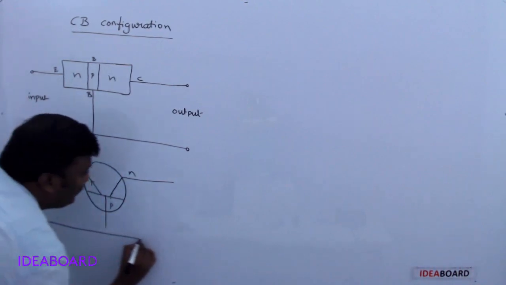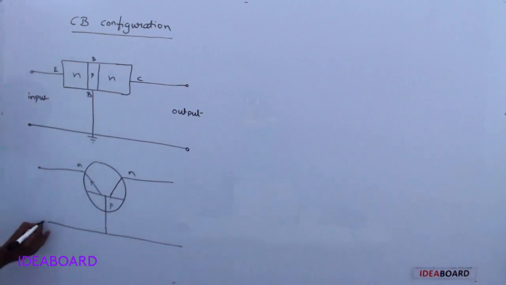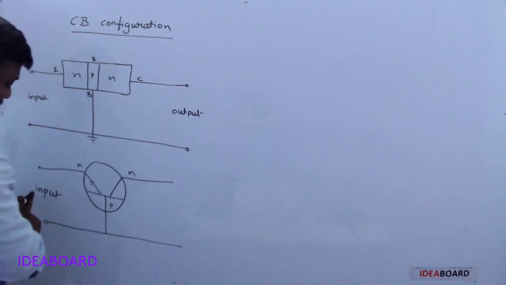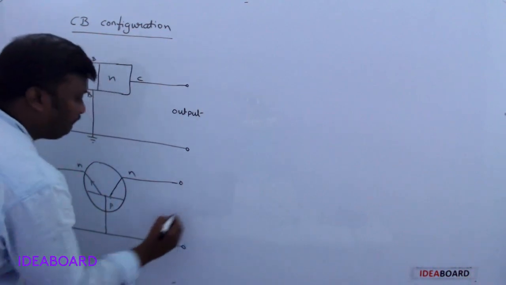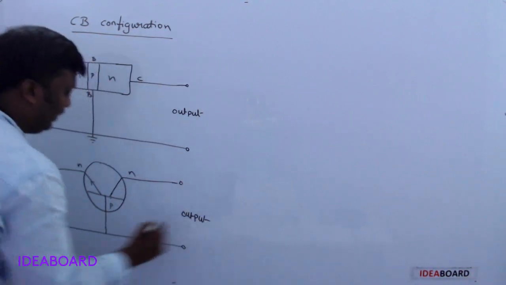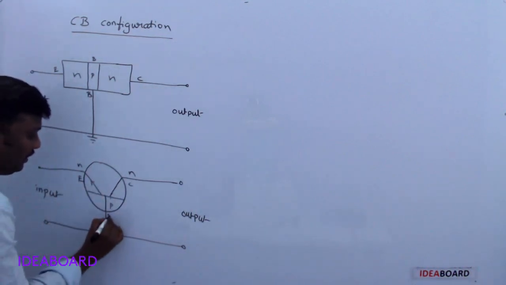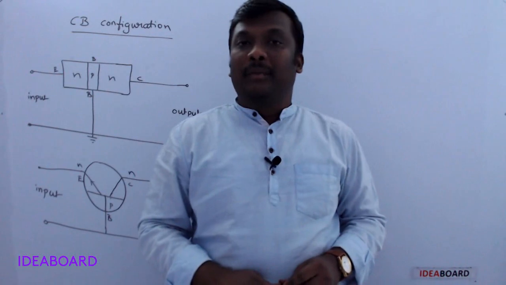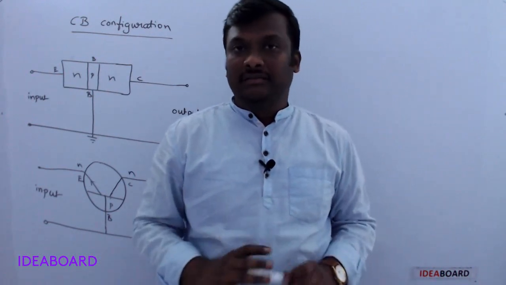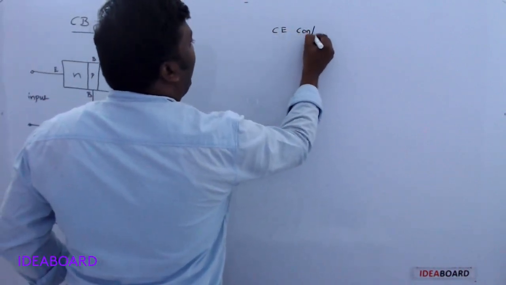Base is common for both input and output, meaning P is common. So across emitter and base we give the input, and we take the output across collector and base. So this is collector, emitter, and base. Are you understand? This is about common base configuration. Clear? Now let us see common emitter configuration.